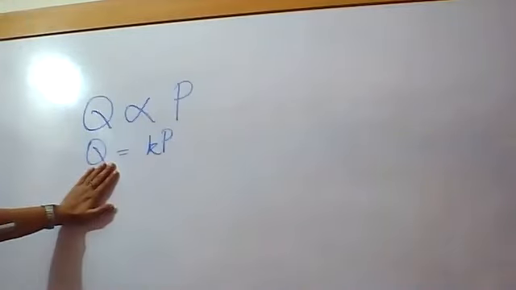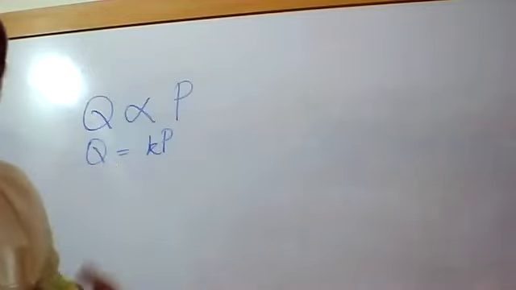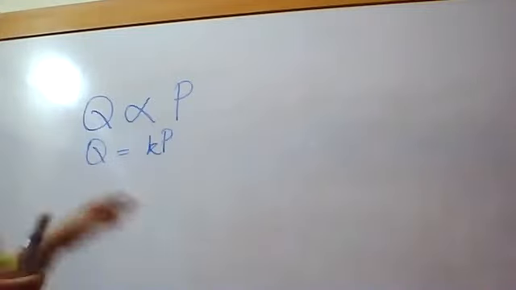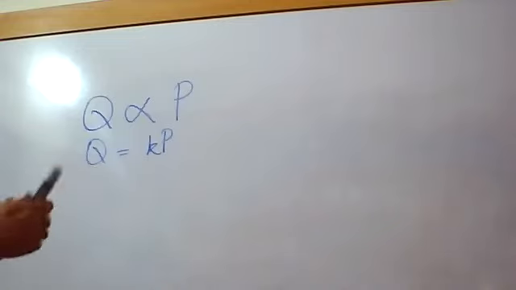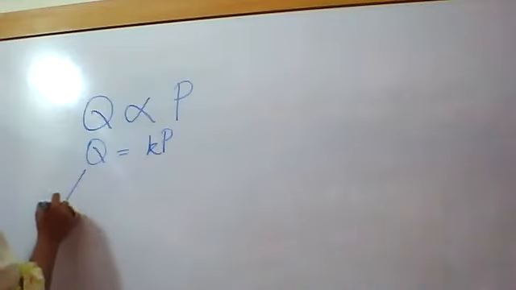So in the equation, whether it is Q is directly proportional to P, or F is directly proportional to S, the variable on the left hand side is the dependent variable.